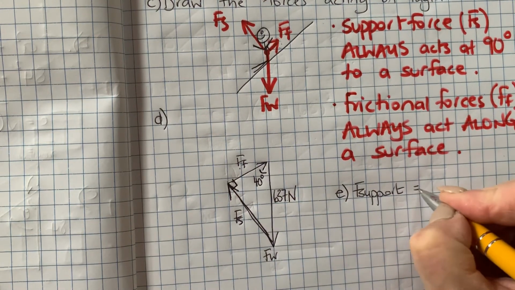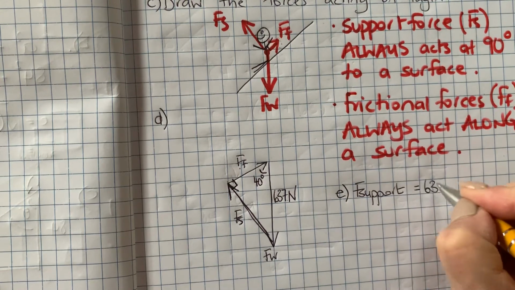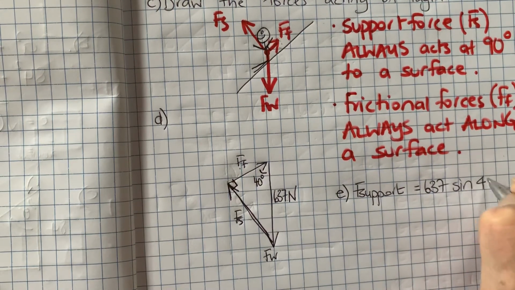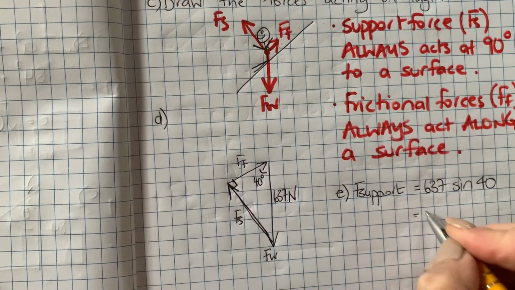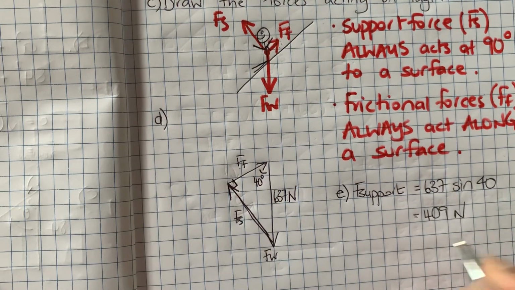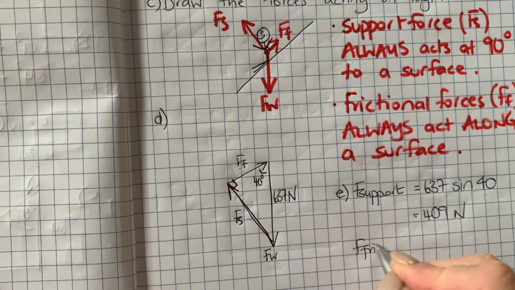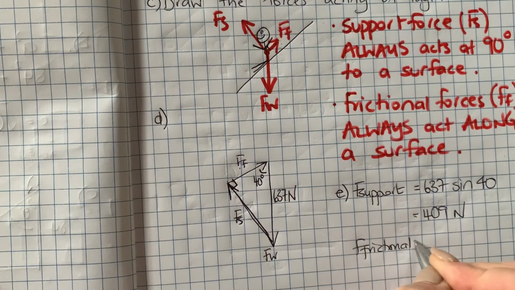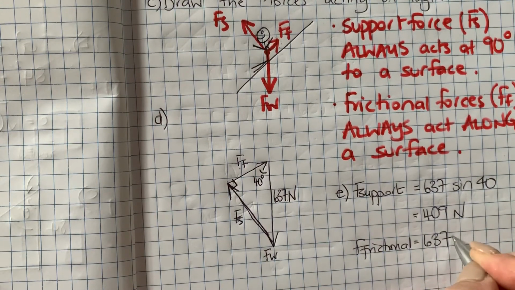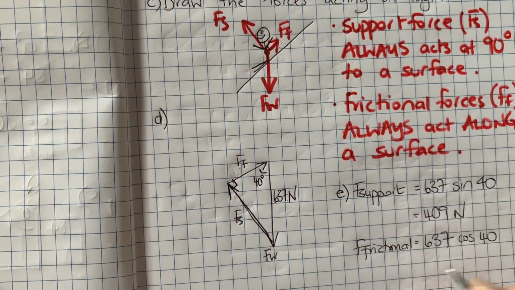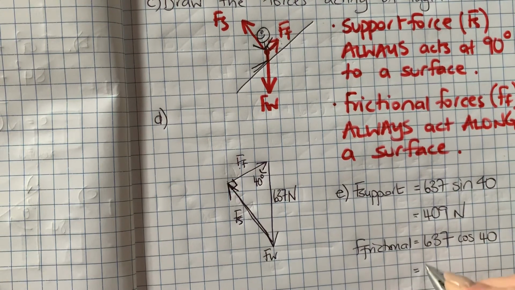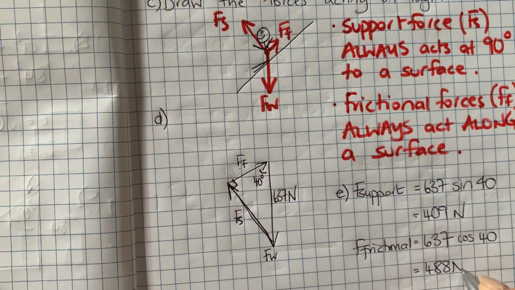So F support is 637 sine 40, which is 409 newtons, and the frictional force is 637 cos 40, which gives us 488 newtons.